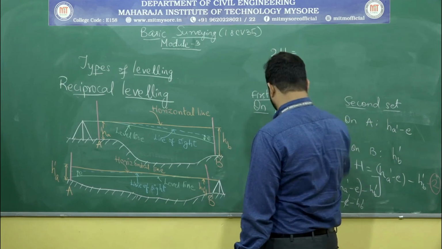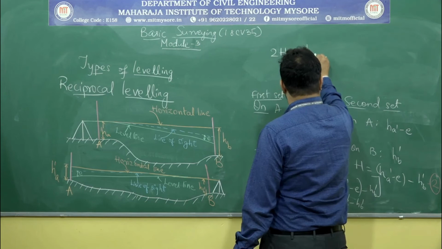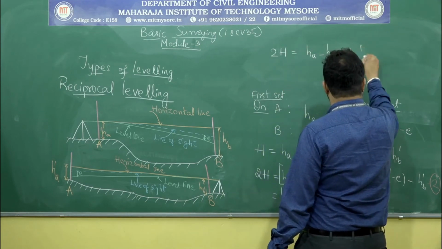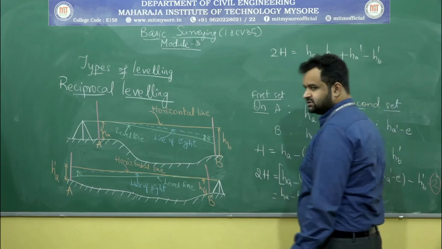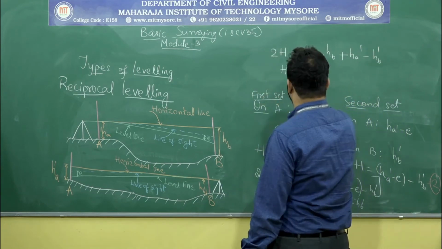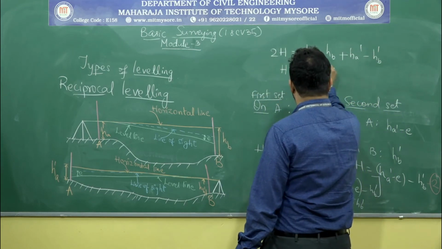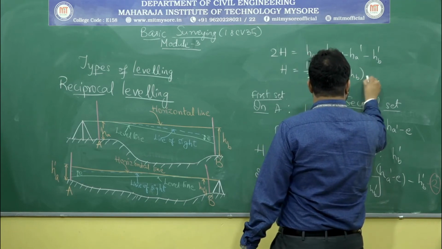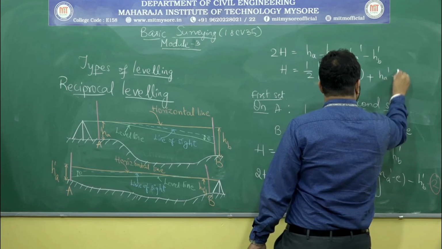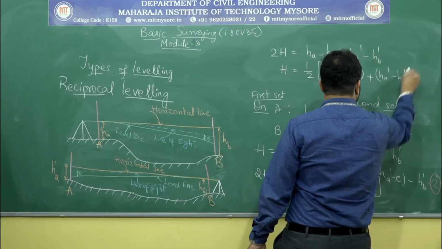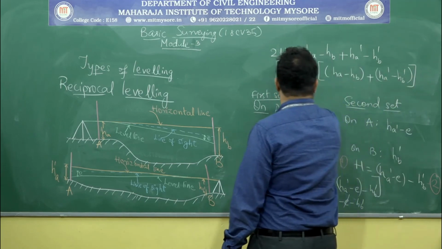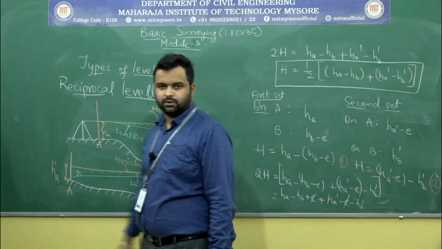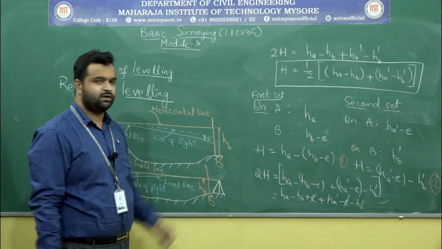Two H is equal to HA minus HB plus HA dash minus HB dash, right. Or I can write 1 by 2 into HA minus HB plus HA dash minus HB dash. Okay. So this is the value of H.